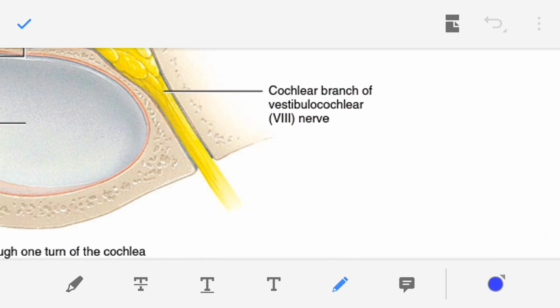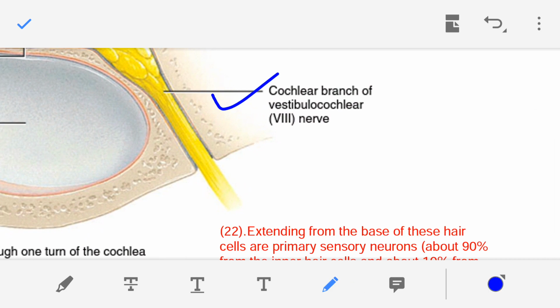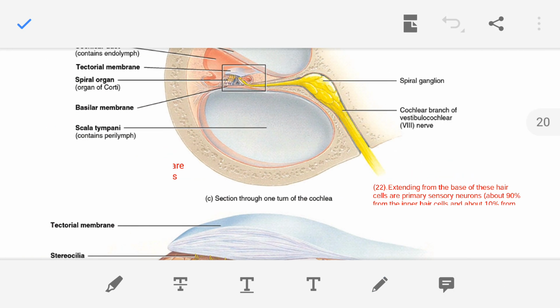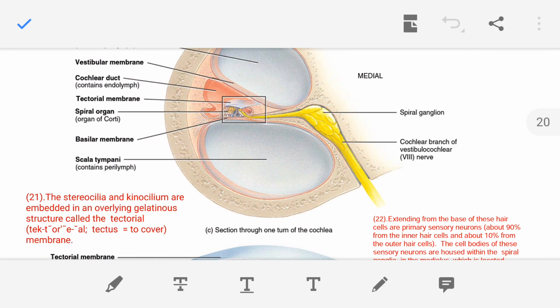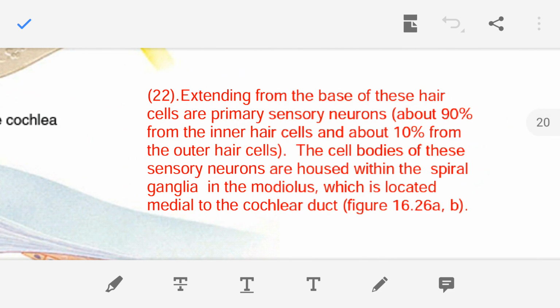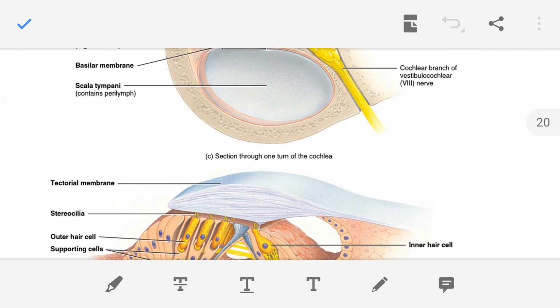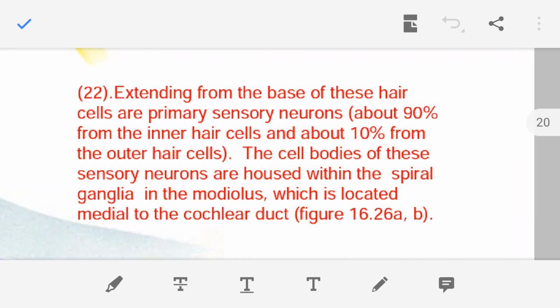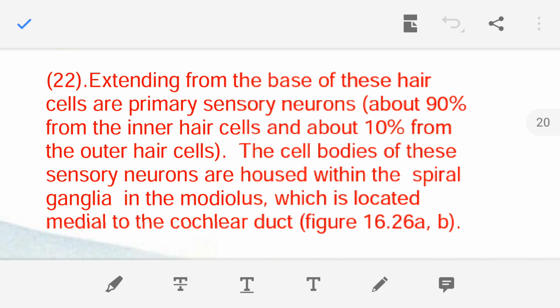So you can see the cochlear branch of the vestibulocochlear nerve, cranial nerve 8, and this will send nerve impulses to the brain center. And when the nerve impulse reaches the brain center, that time we will hear the sound. So this is point number 22, and this was the last point of our today's discussion.